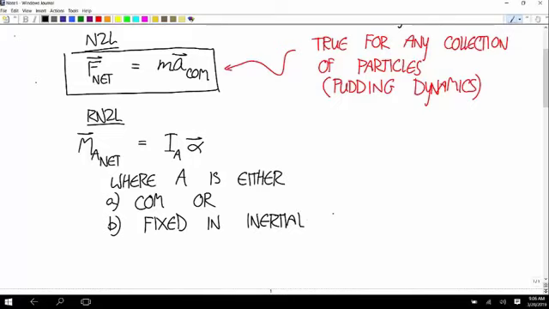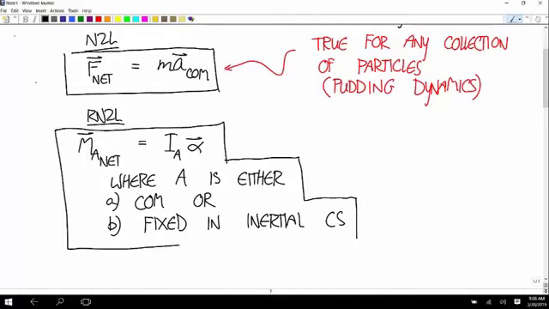These equations only hold for inertial coordinate systems, so I probably could just say coordinate system there. But you can't use these until you represent all of these vectors in an inertial coordinate system. All right, so we're going to start using that.